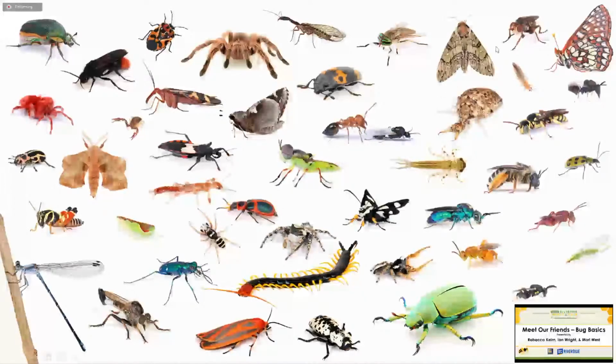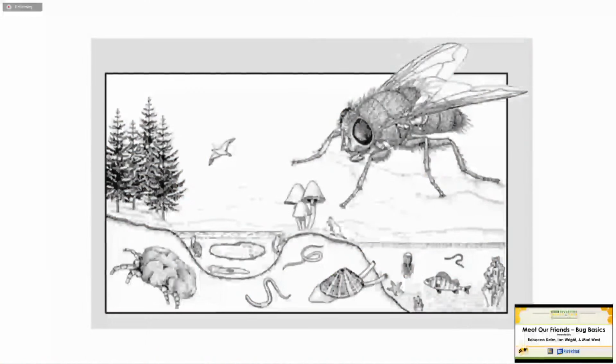They take this basic body plan, and insects have evolved to change this body plan in ways that suit their environment, suit their behaviors, and adapt to their biology, and results in this amazing diversity. So I'll share this graphic from one of my favorite entomology textbooks, the Cranston and Dolan textbook.